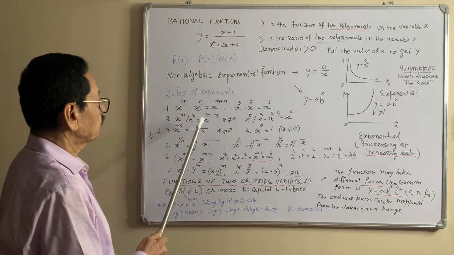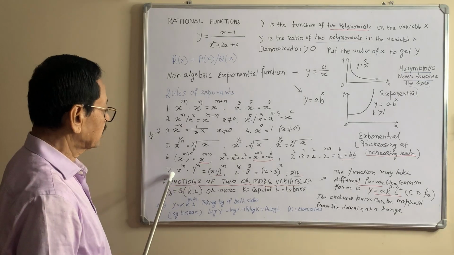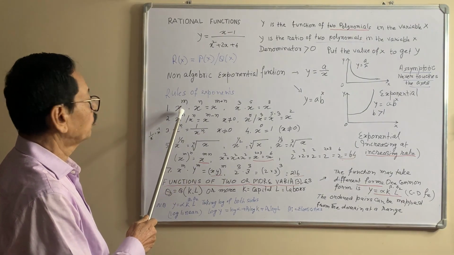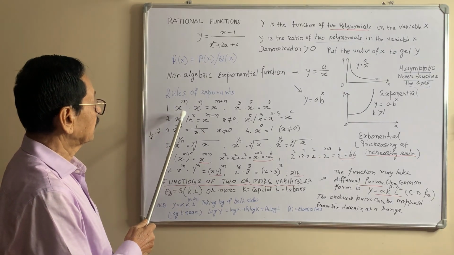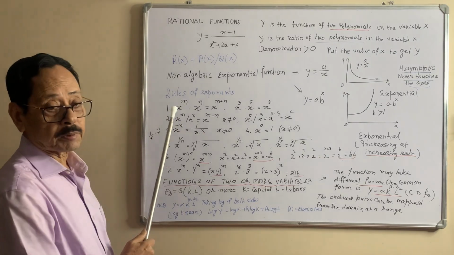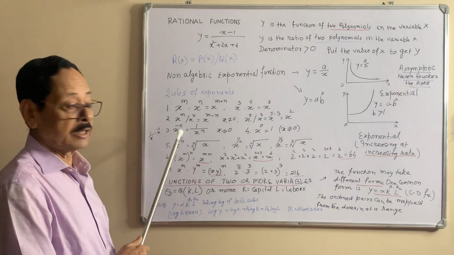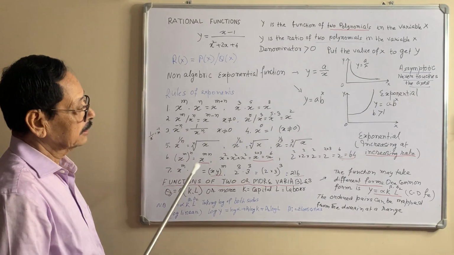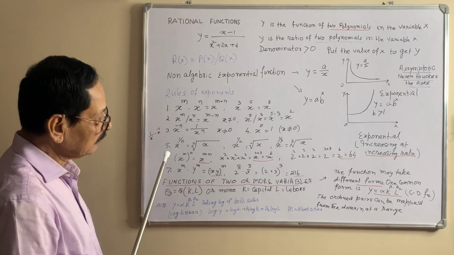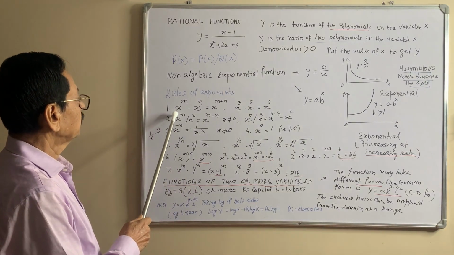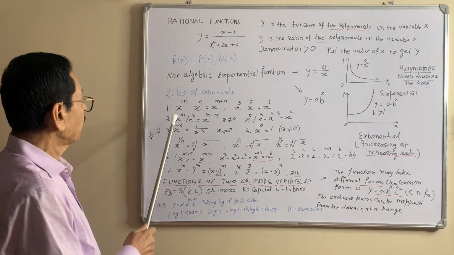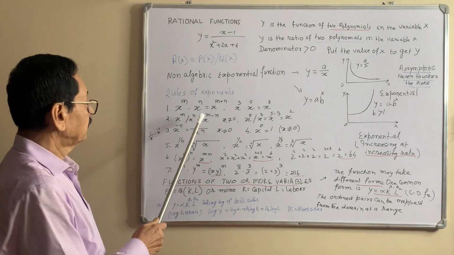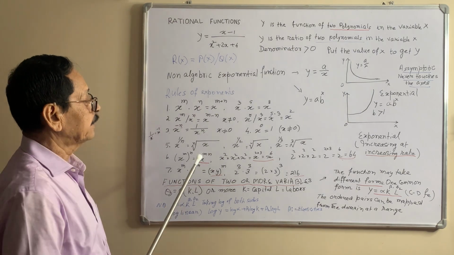Then the rules of exponentials. This is actually important, but we can remember it from our schools also. In additional maths, these things have nowadays come to general maths also. So these are certain rules. X to the power m into x to the power n is equal to x to the power m plus n.